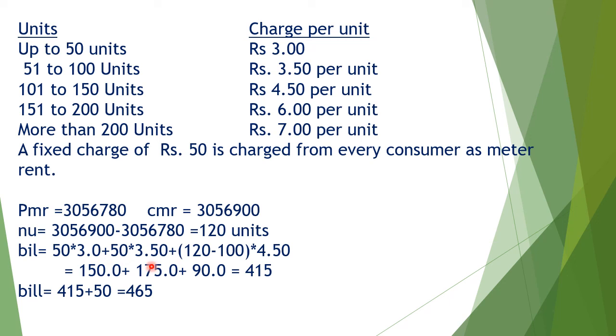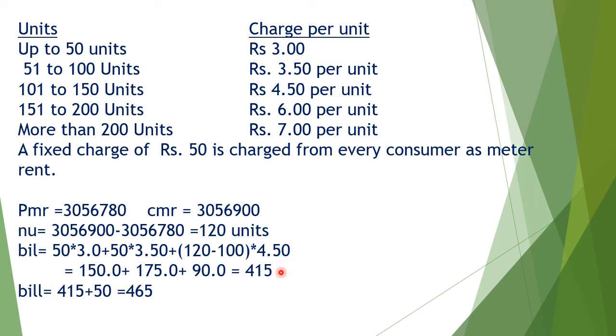For the next 50 units 3.50 per unit, that is 50 star 3.50 plus 120 minus 100, that is for the units exceeding 100. How many units are exceeding 100? 20 units, that is 120 minus 100. For those exceeding units, as per the given condition, rupees 4.50 per unit.